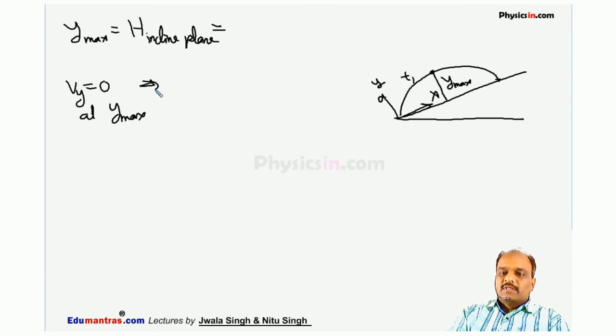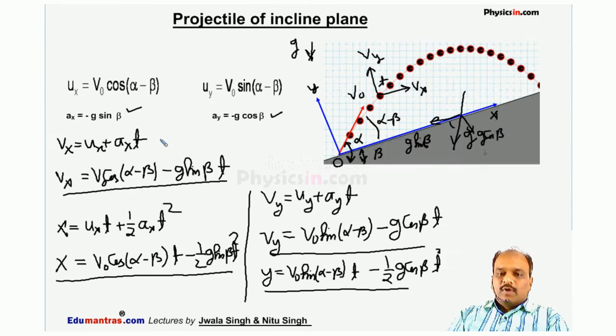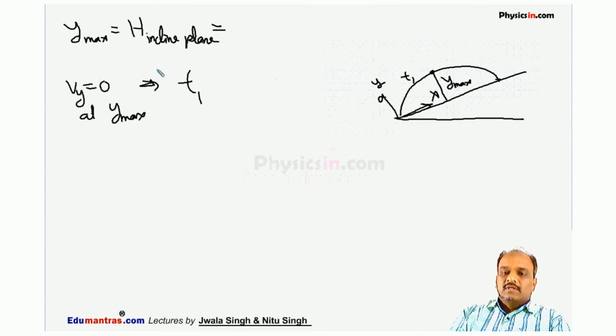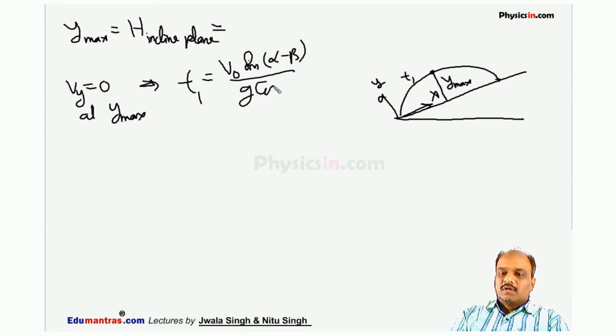If I substitute Vy as 0, we get t as v naught sin (alpha minus beta) divided by g cos beta. So t1 is v naught sin (alpha minus beta) divided by g cos beta.